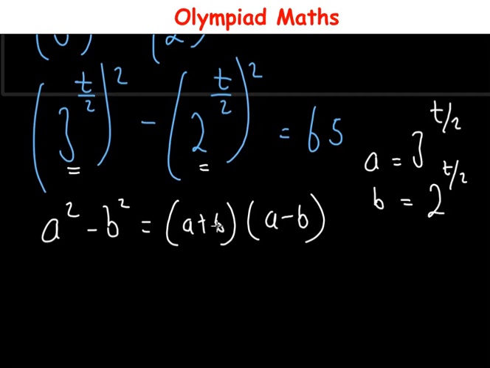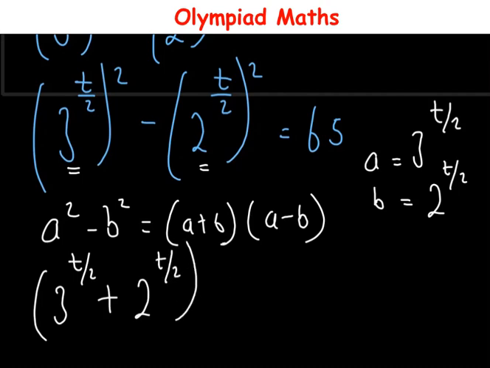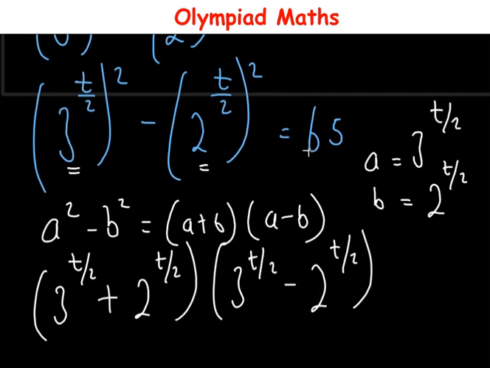So putting this into this format, what we have is, in bracket, a is this, so 3 raised to power t over 2 plus b, 2 raised to power t over 2, then all multiplied by a, 3 raised to power t over 2, minus b, 2 raised to power t over 2, is equal to 65.